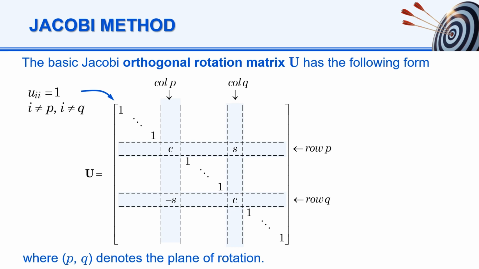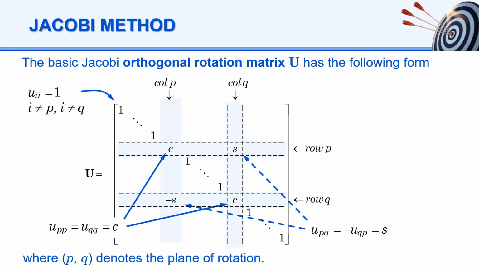For a plane rotation of row P and column Q, C and S denote the cosine and sine of the rotation angle theta. That is why C squared plus S squared equals 1.